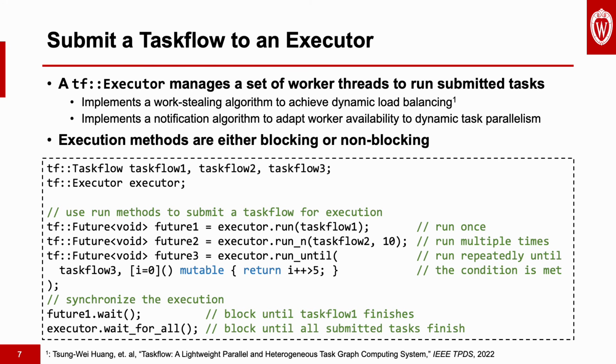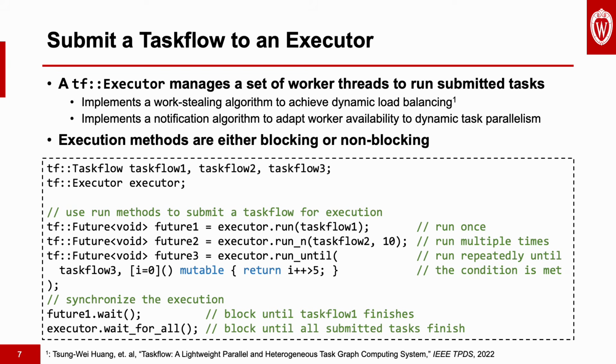After you define a task graph, you can submit it to the executor for execution. A tf::Executor manages a set of worker threads to run submitted tasks. The core scheduler implements a work stealing algorithm to achieve dynamic load balancing, as well as a notification algorithm that can adapt worker availability to dynamically generated task parallelism.